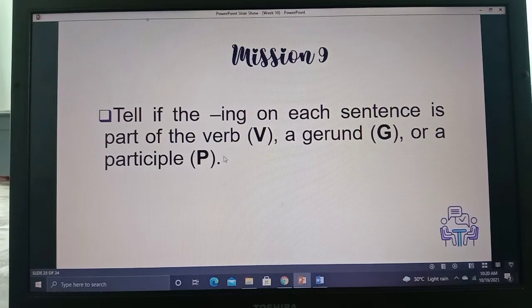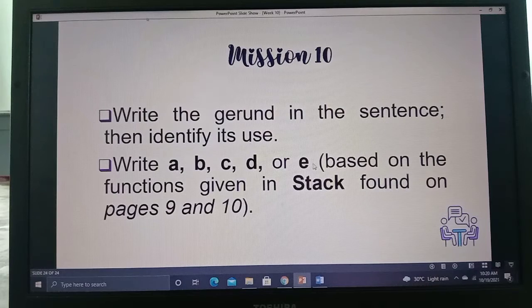Nasa page 10. And then, sa mission 10 naman, pages 10 to 11, what you're going to do is you're going to write kung ano yung gerund dun sa bawat sentence at i-identify nyo kung ano yung use. So, ilalagay nyo muna yung gerund, and then kung ano ba yung function niya.